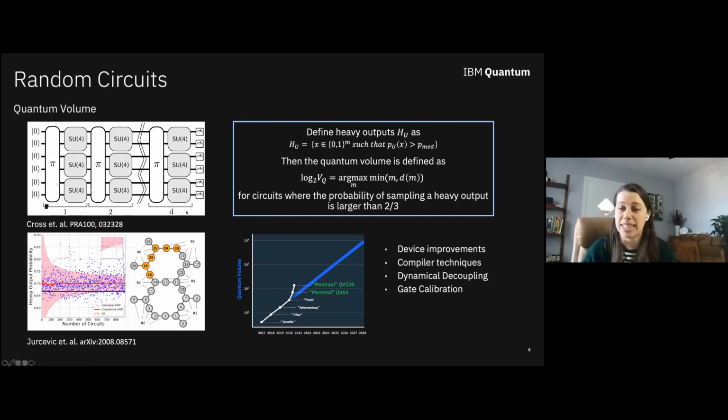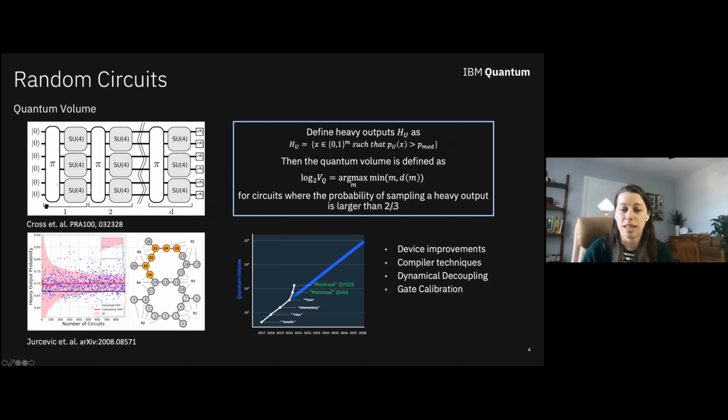And we determine the success of these circuits by looking at the output distribution that comes from averaging over many of these circuits and comparing each one of those to its ideal output, which we can find by a classical simulation. And we compare those using what's called the heavy output, and is defined here.